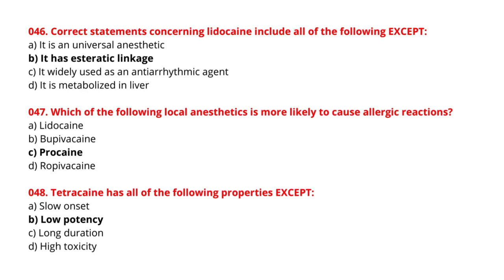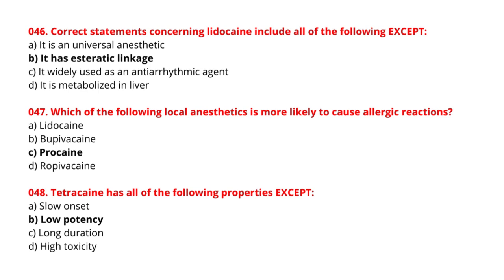Answer is B. 047. Which of the following local anesthetics is more likely to cause allergic reactions? A. Lidocaine. B. Bupivacaine. C. Procaine. D. Ropivacaine. Answer is C. 048. Tetracaine has all of the following properties except A. Slow onset.